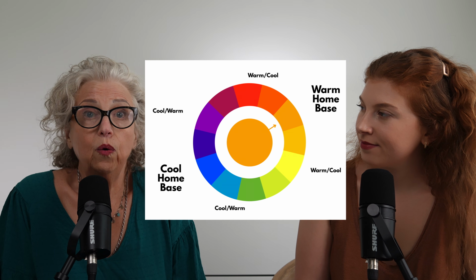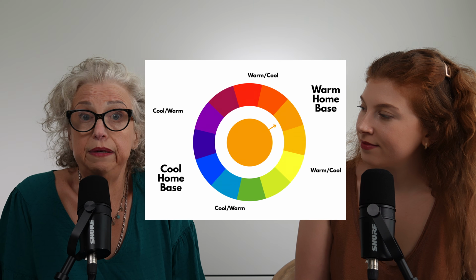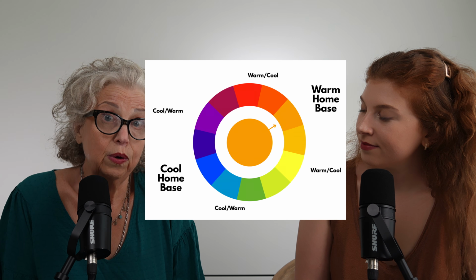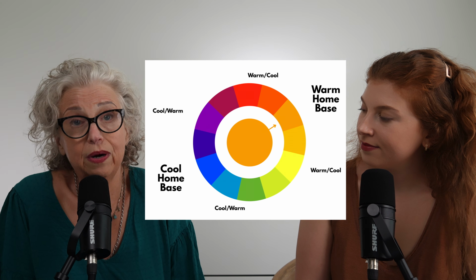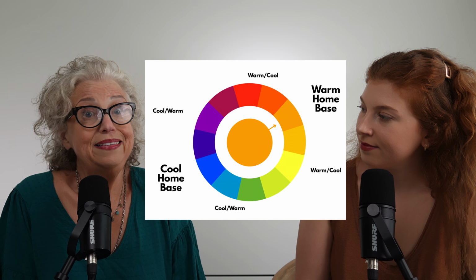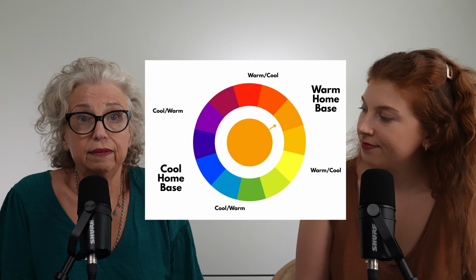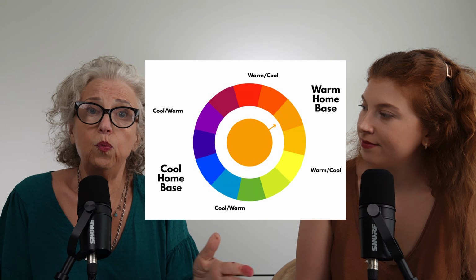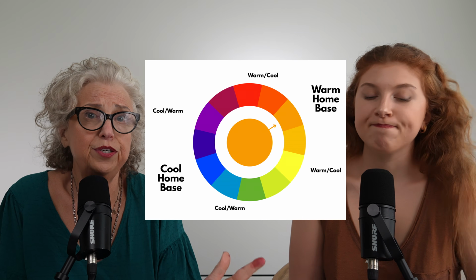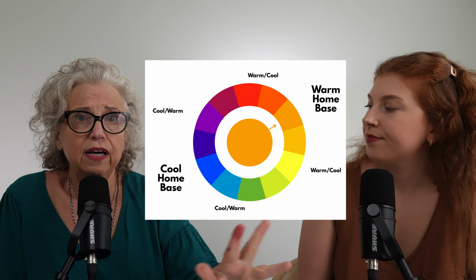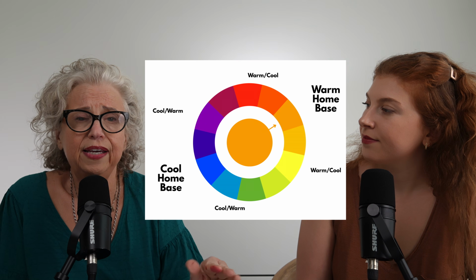So orange has no place to go. You can make it reddish orange and you can make it yellowish orange, but either way, it's still going to be warm. So orange is a color that behaves the way people kind of think other colors should behave, that you don't have options or facets.